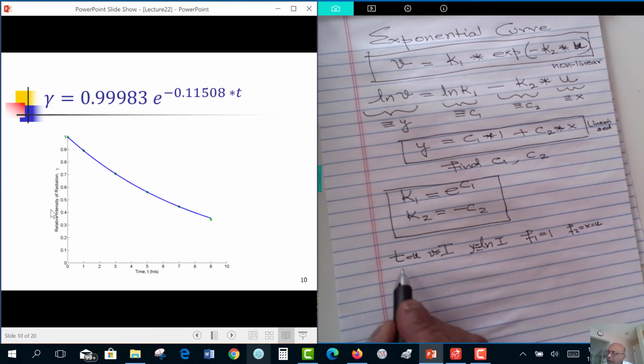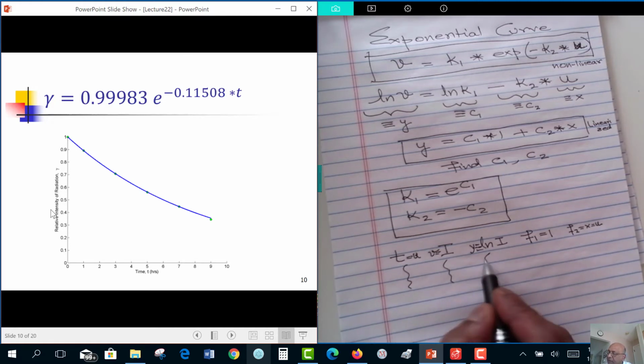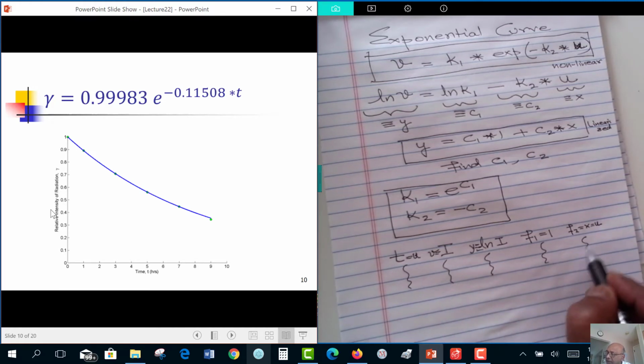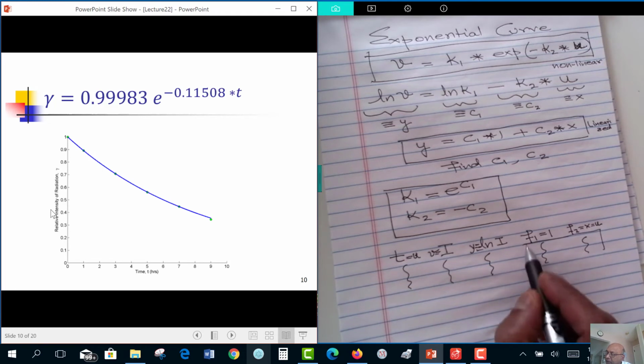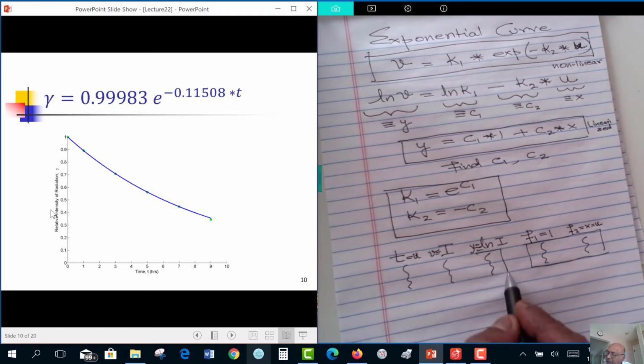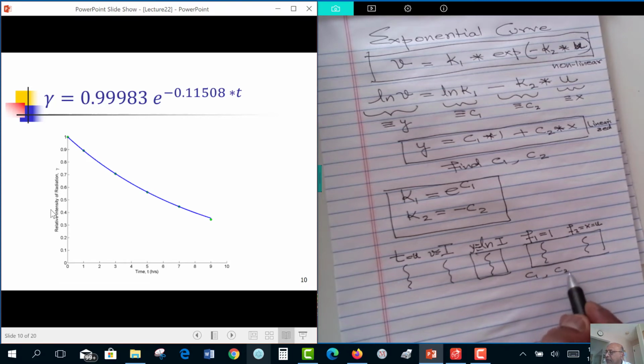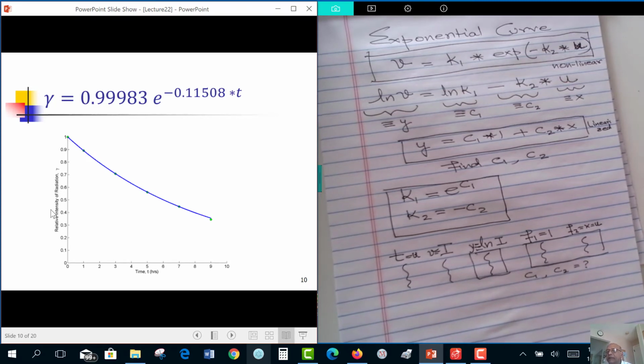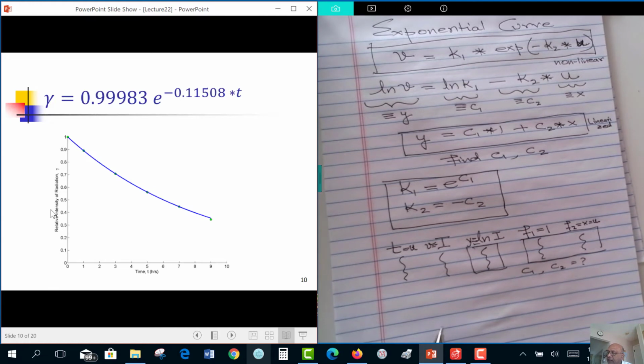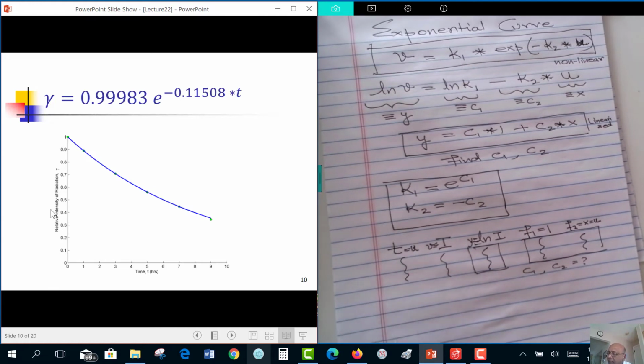If we were given all this, we can find all this. This is our function matrix. This is our y matrix. We can solve for C1 and C2. Once we do that, we calculate K1 is e to the C1 and K2 is minus C2. That's all we need to do.